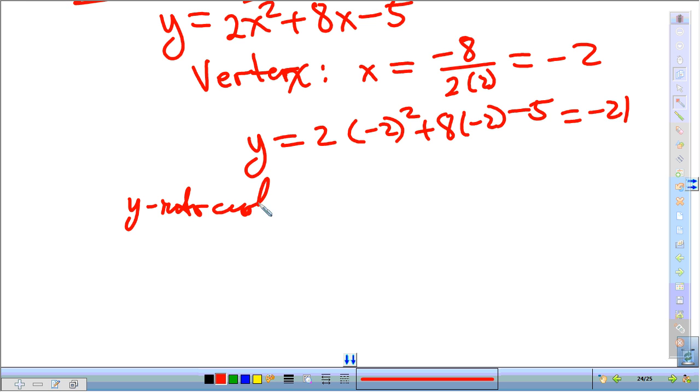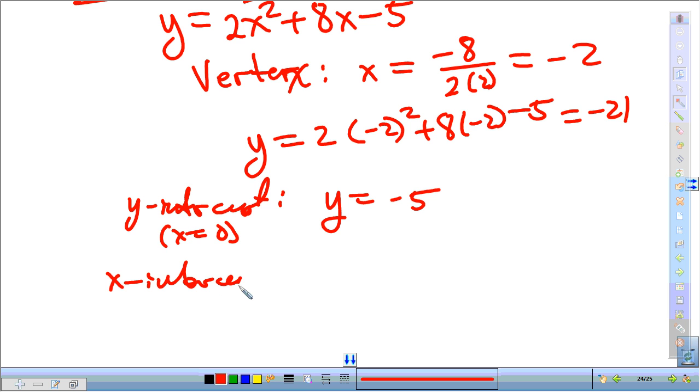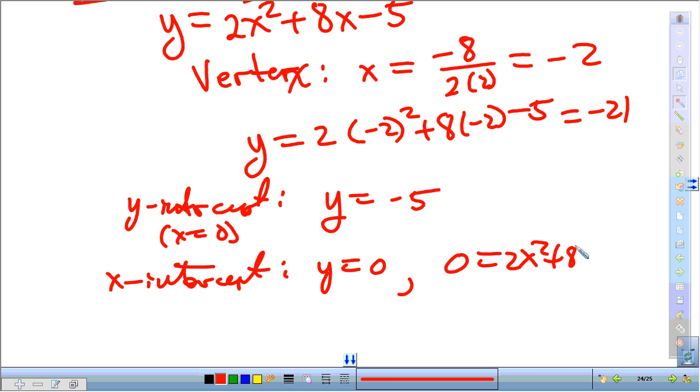The y-intercept, if I substitute x equals 0, I end up with a constant term, minus 5. X-intercepts, well, y is 0, so I need to solve 0 equal 2x squared plus 8x minus 5.